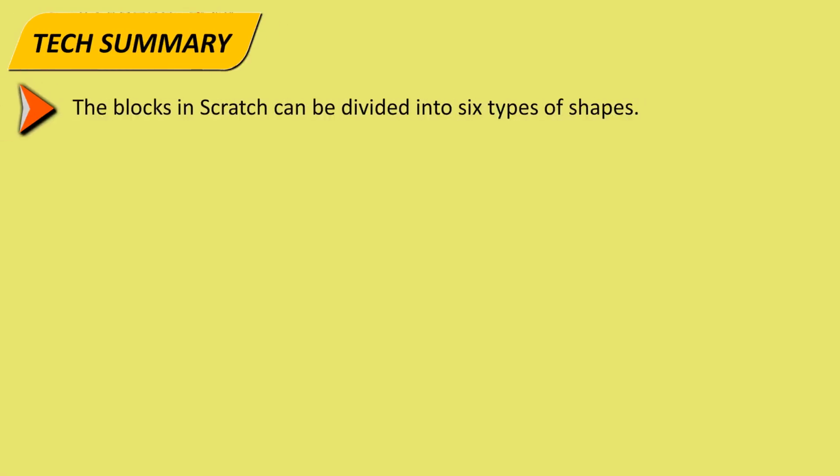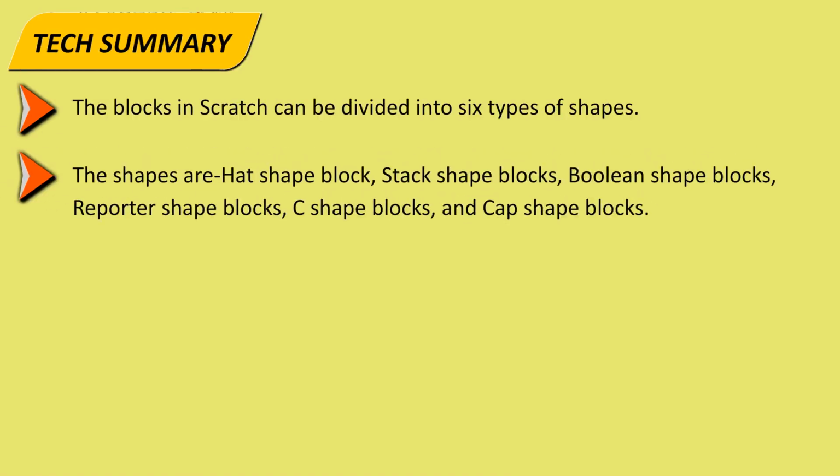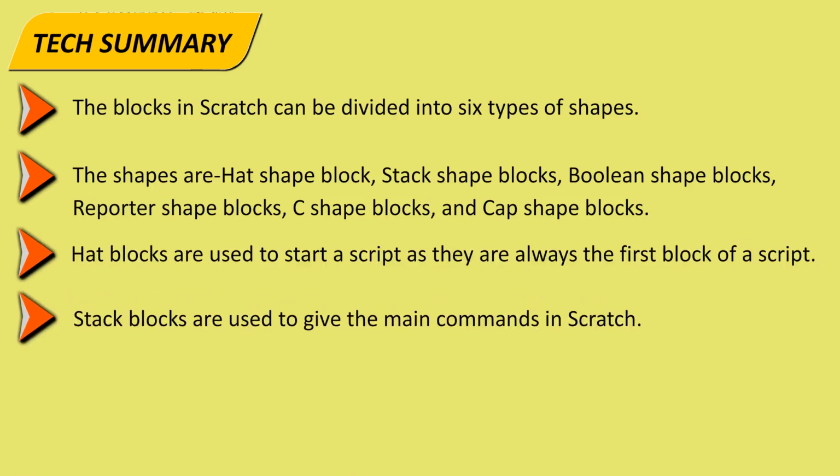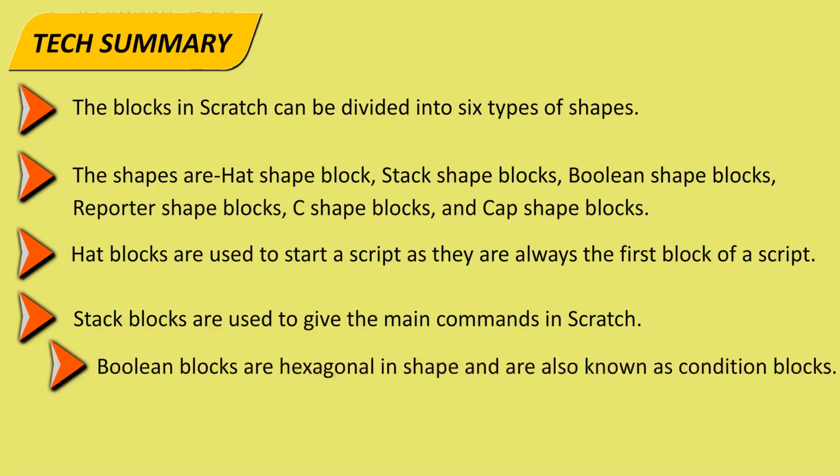Text summary. The blocks in Scratch can be divided into 6 types of shapes. The shapes are hat shape blocks, stack shape blocks, Boolean shape blocks, reporter shape blocks, C-shape blocks, and cap shape blocks. Hat blocks are used to start a script as they are always the first block of a script. Stack blocks are used to give the main commands in Scratch.